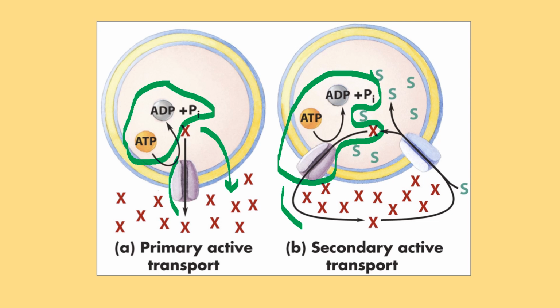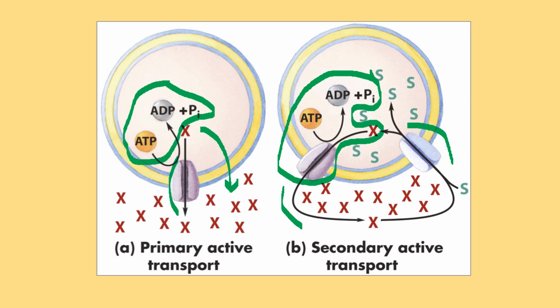Well, enter secondary active transport. This transmembrane protein, shown in gray or light blue, is performing secondary active transport. It is a symporter. It moves substance X and substance S in the same direction. It does not directly cleave ATP.